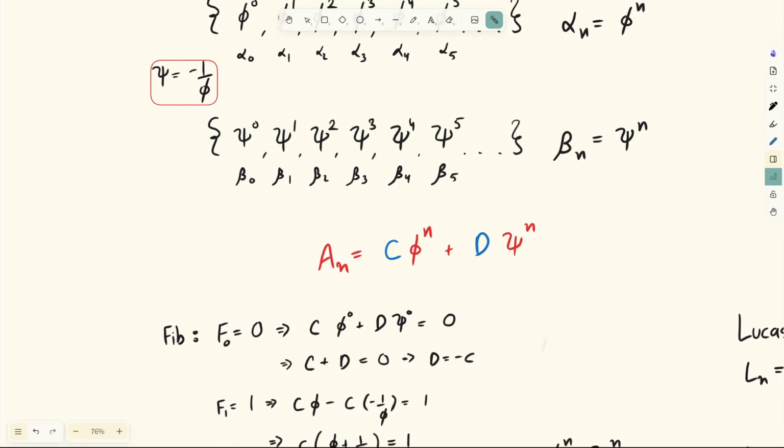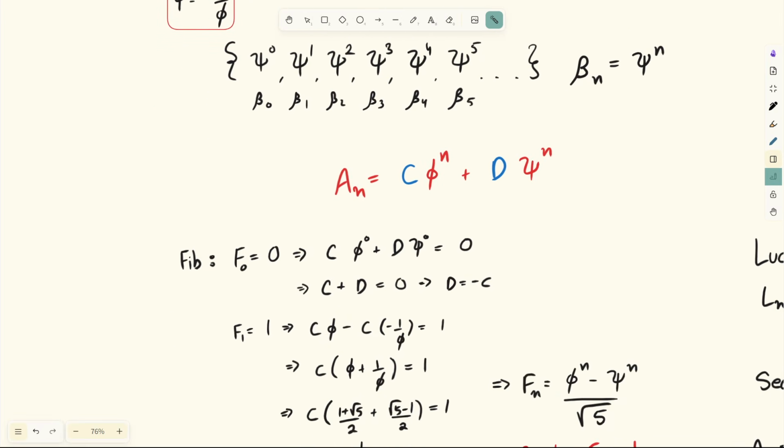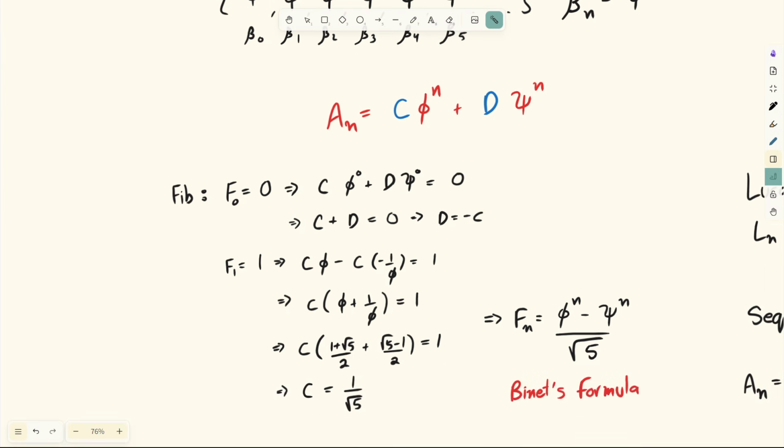Okay. For example, the Fibonacci sequence, if you work out these two constants with your initial two seeds, you will notice with a few calculations that these two weights are negative of each other, and their magnitude is 1 over the square root of phi. So this is the formula for the nth Fibonacci number, and it's called Binet's formula.